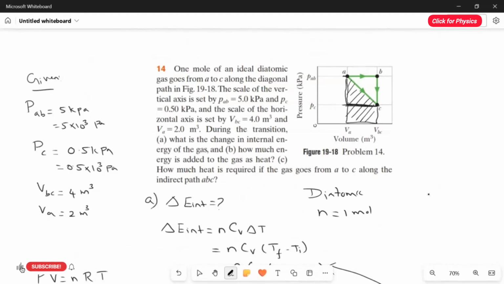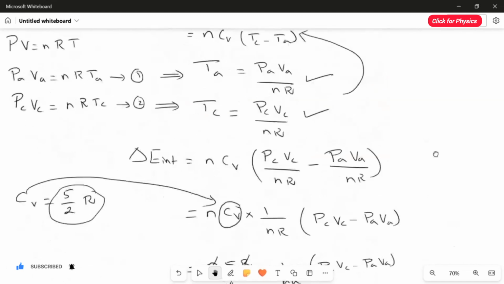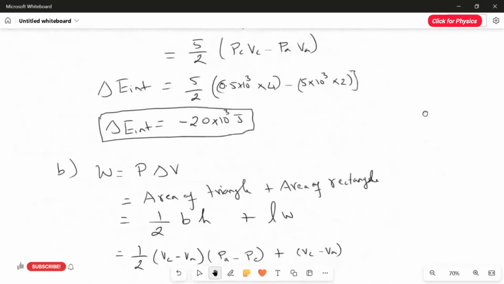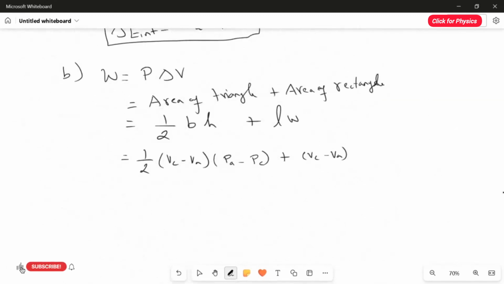So this is 0. So what's the value? PC value here is given as 0.5 kilopascal. So we have to write the value for the rectangle only: PC minus 0. So I'm going to substitute the value.